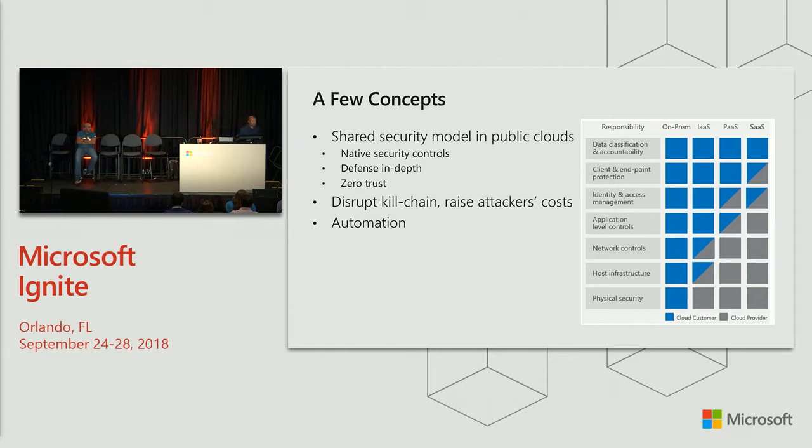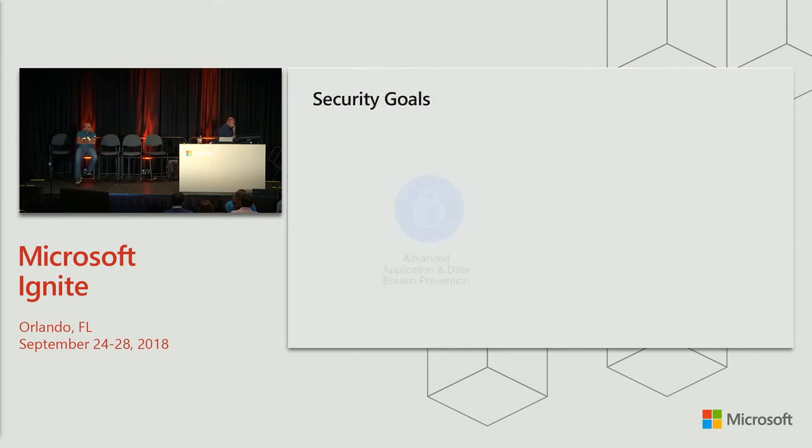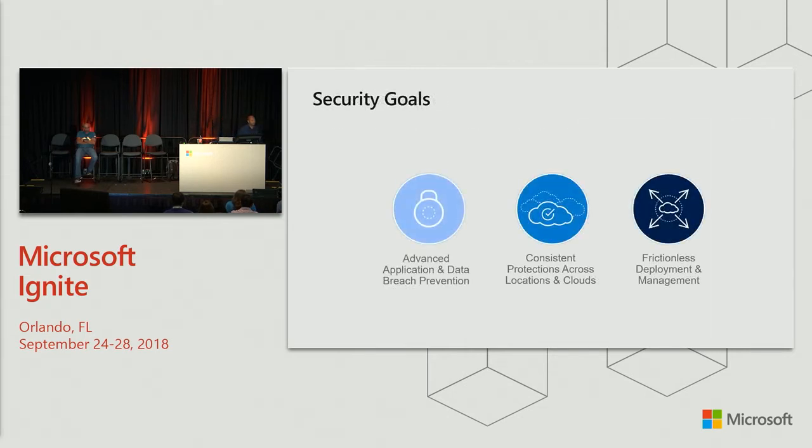And a lot of things we are going to show in this presentation are really about automation, on how you can use automation to help you build more secure policies. So the goal we are driving towards is this. You want advanced application and data breach prevention. This means protecting the applications from direct traditional attacks, basically intrusion detection.